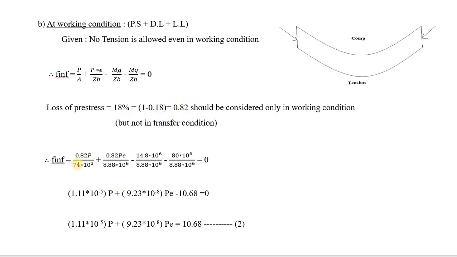Now take that 0.82 and substitute it for the pre-stress. So 0.82 P, 0.82 PE we should consider. After simplifying everything, we'll get equation number 2. This equation 2 is nothing but the solution for this.